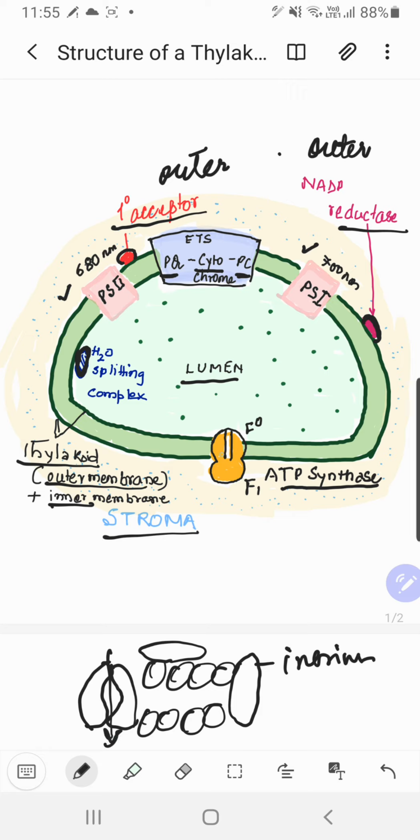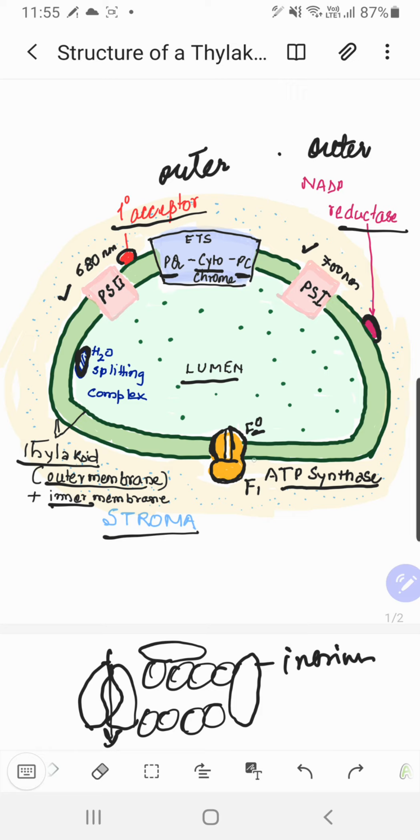You can see here that this whole complex of ATP synthase is actually made up of two types of proteins. Half of the portion is known as F0. This F0 has a channel in the center, and that's why you can compare it to that channel protein which is embedded in the membrane, followed by F1.